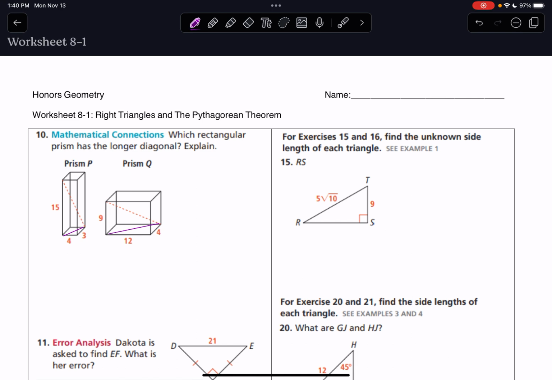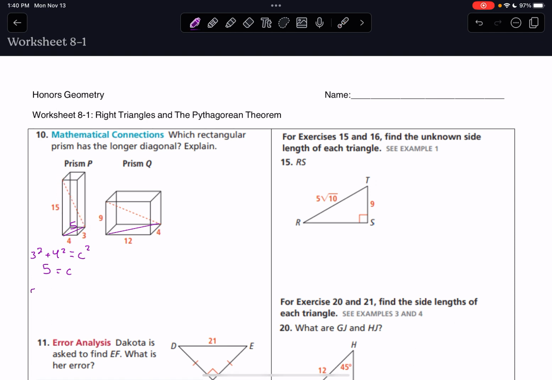So here I have a 3 and a 4, so 3 squared plus 4 squared equals c squared, the hypotenuse. And when we solve the Pythagorean theorem, we get 5 for c. So 5 is the diagonal of the base. And then we're going to use the three-dimensional triangle created by the diagonal of the base, the height, and the dotted line.